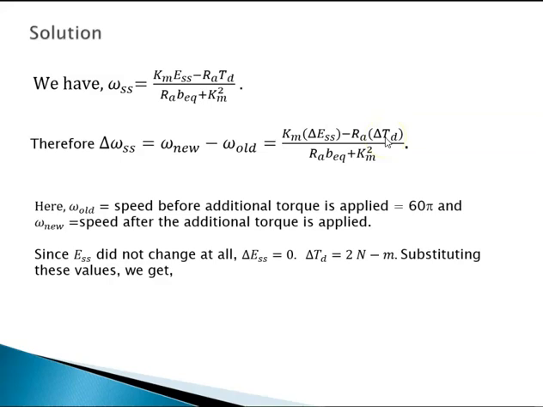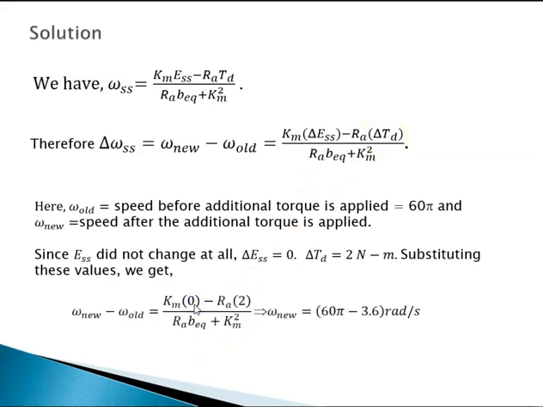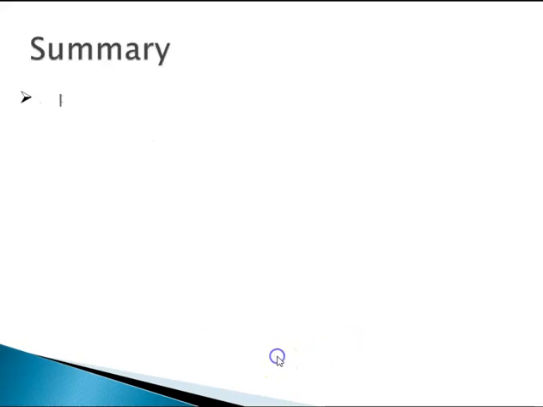We substitute these values to get omega new minus omega old, Km into 0 minus all these quantities, from which we see omega new is omega old minus 3.6. Omega old is 60 pi, so omega new is 60 pi minus 3.6.